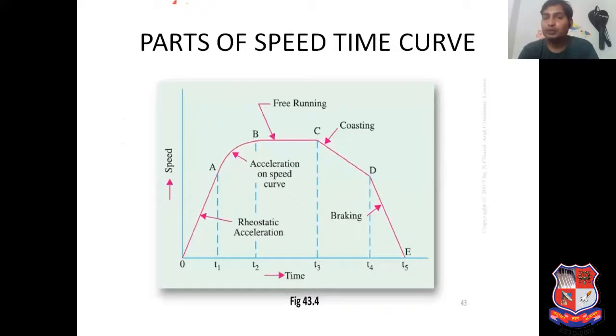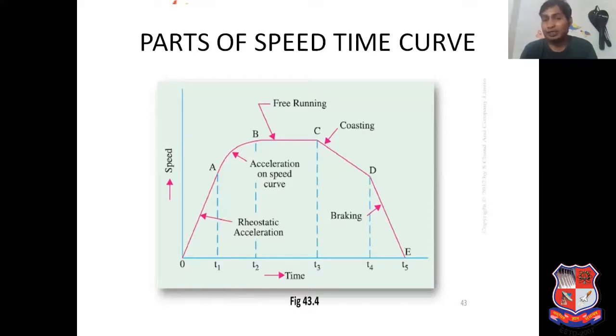Okay, so basically speed time curve is a graphical representation of speed versus time, and there are various parts of a speed time curve. Let us understand that. Any speed time curve will be having these sections: one, rheostatic acceleration or a constant acceleration, in which speed of the vehicle or train will be increasing positively.